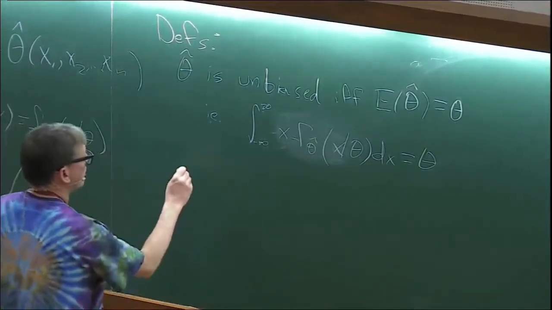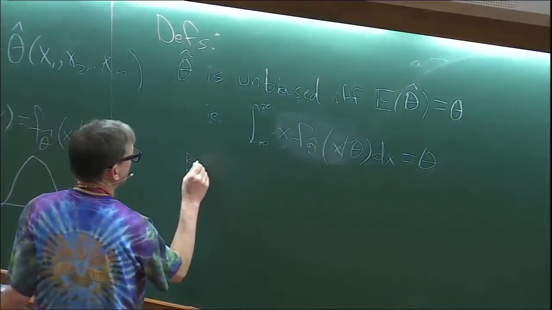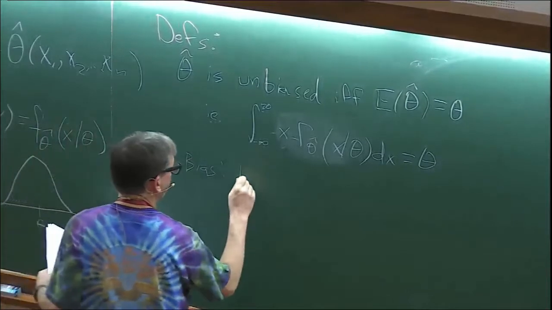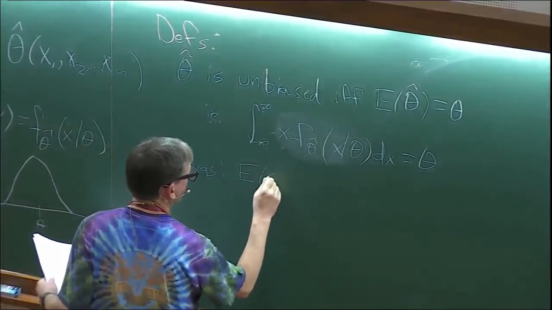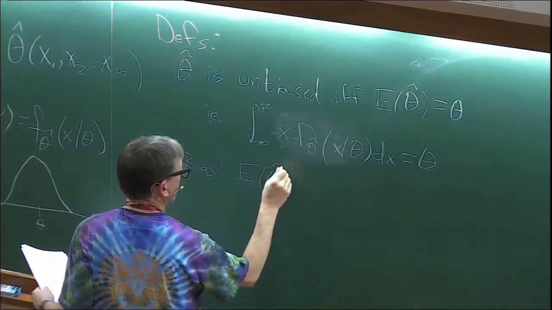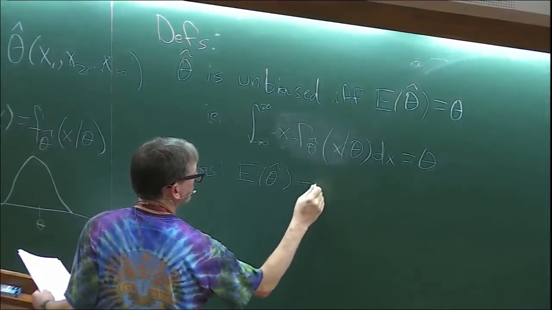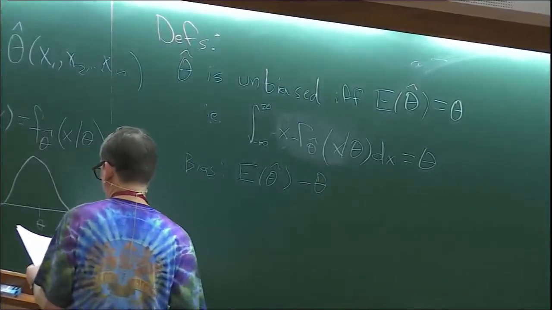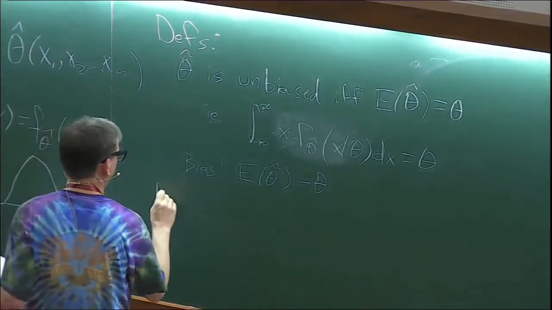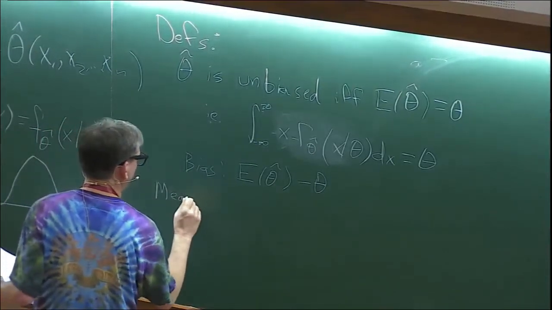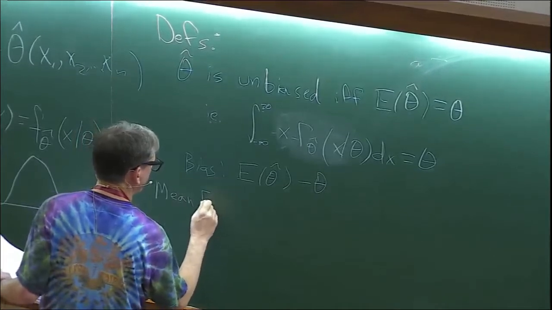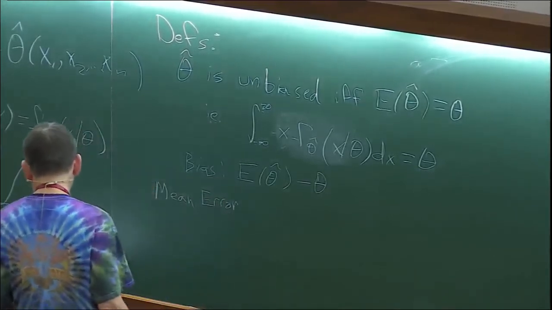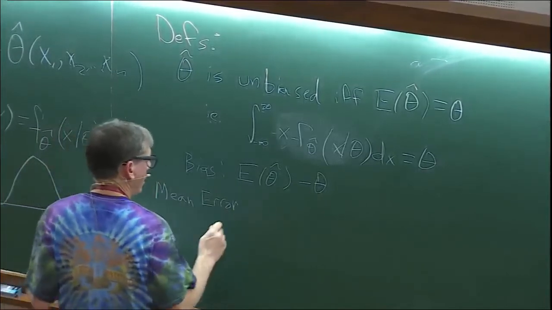That's the definition of unbiased. The definition of bias is then the difference between the expectation of theta hat and the true state of nature theta. We can also define something that is useful in all sorts of statistical applications that I won't discuss, for example, the lasso.